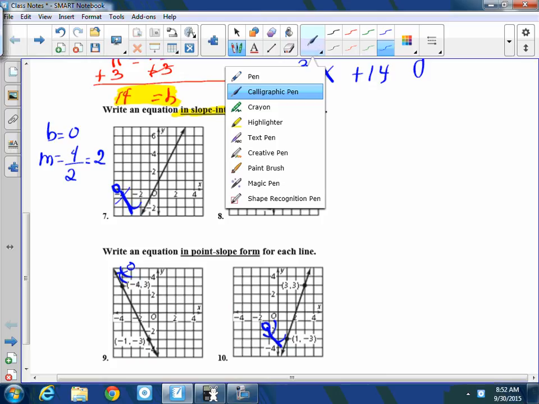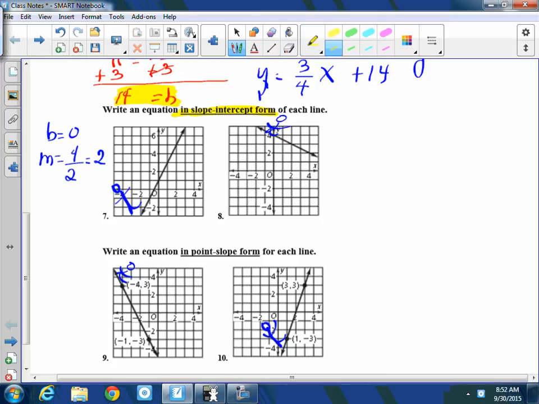Okay, let me highlight the line, or maybe highlight my x and my y. Yes, you guys are right. Thank you so much. This is 0, so that means that would be positive. Yay, we got it? Thank you so much. I thought it was 0. And see, that sometimes happens when you don't highlight the x and the y. It's hard to read. But thank you so much.